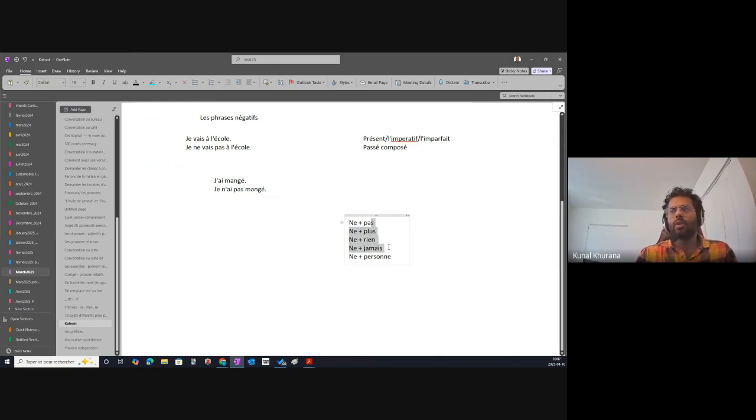So the first four are used for things, pour les choses. First four, but they have different contextual meaning. But the last one is used pour les gens, for people.